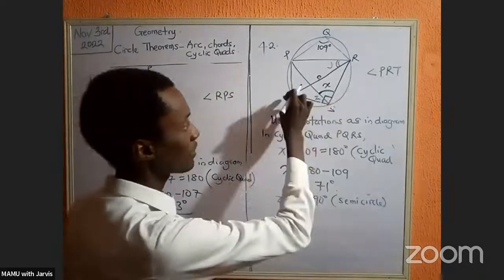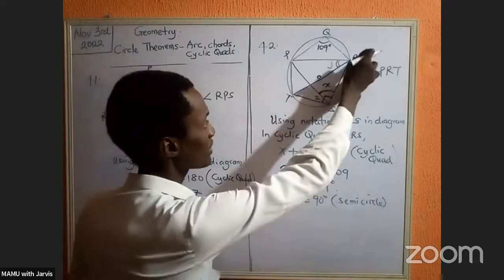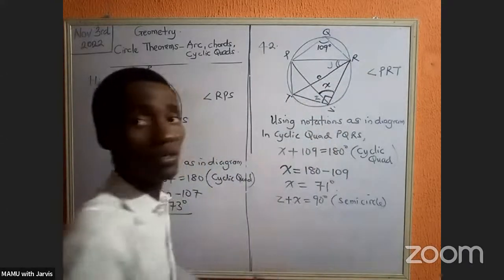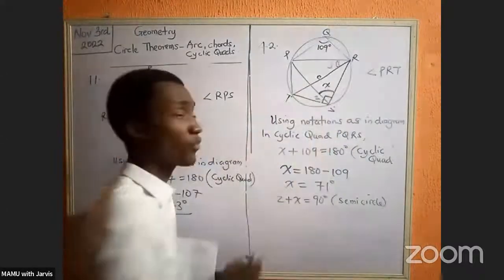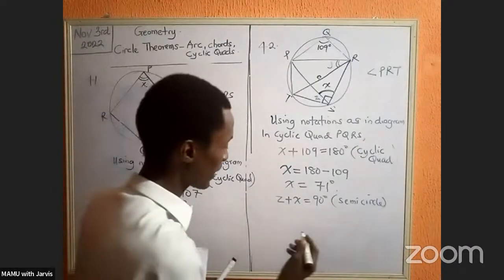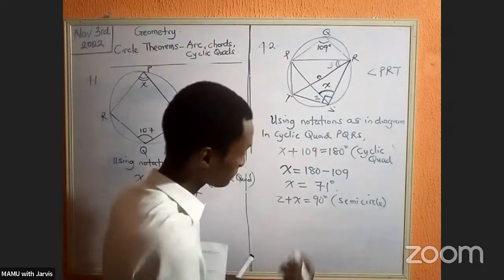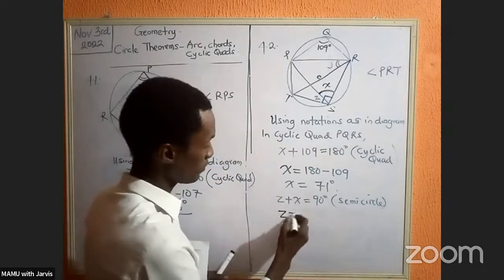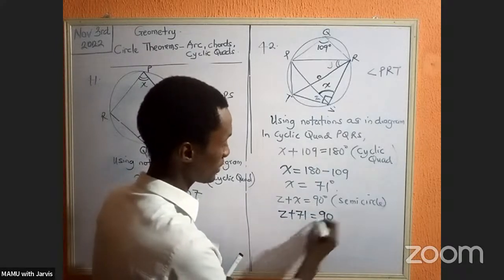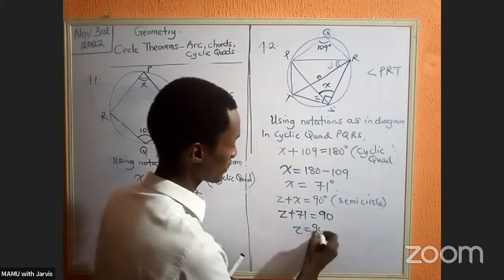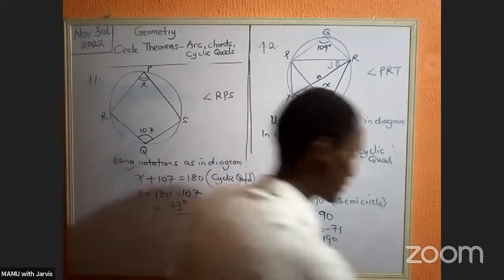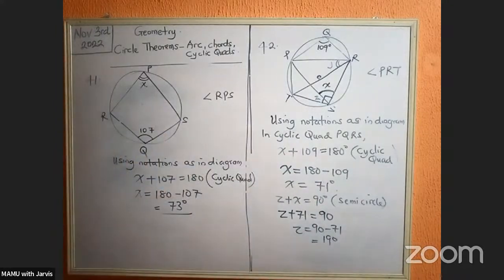Because this is a diameter, and if this is a diameter, the angle it forms touching the circumference must be 90 degrees, right? So Z plus 71 will be equal to 90, and Z will be equal to 90 minus 71, which will give me 19 degrees. So that question will give me 19 degrees.